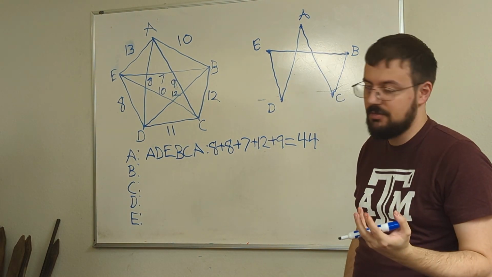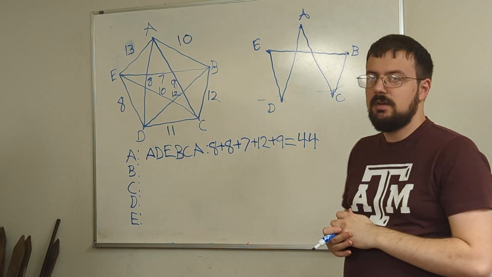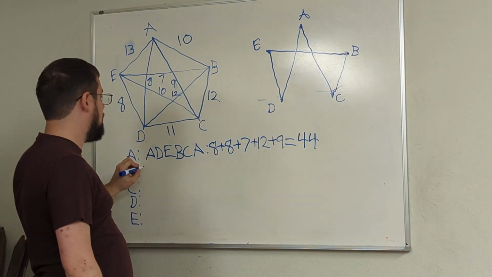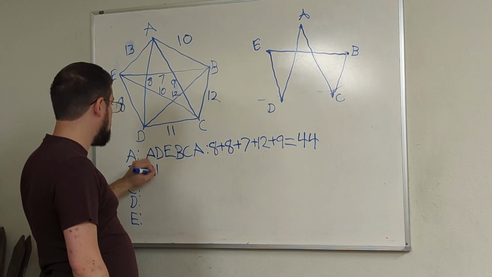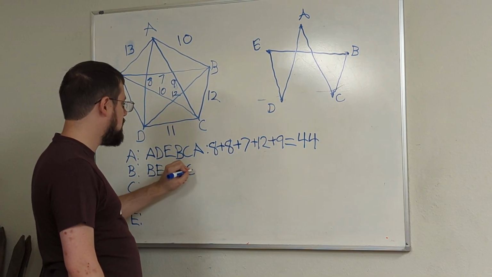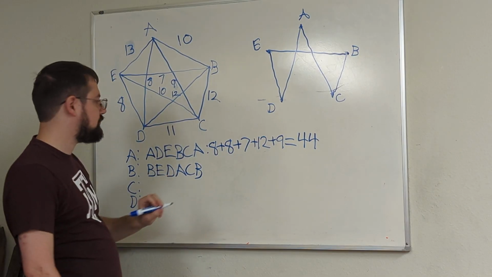This can happen sometimes with the repetitive nearest neighbor algorithm. So we went from B to E, D, A, C, B.